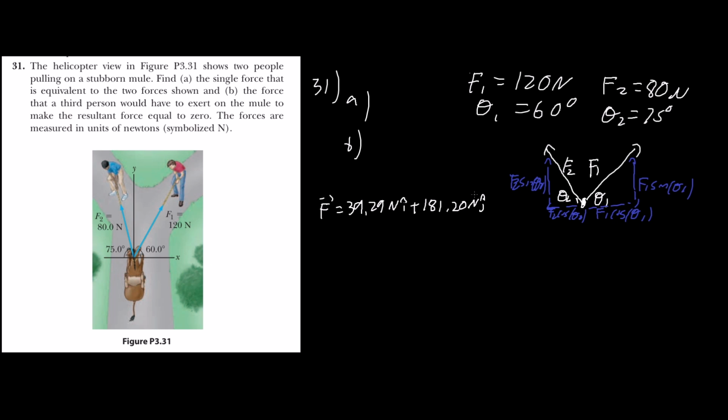So I guess you could, the force the third person would have to exert on the mu to make the resulting force. No, the single force that is equivalent to two forces. Well, there's the single force.